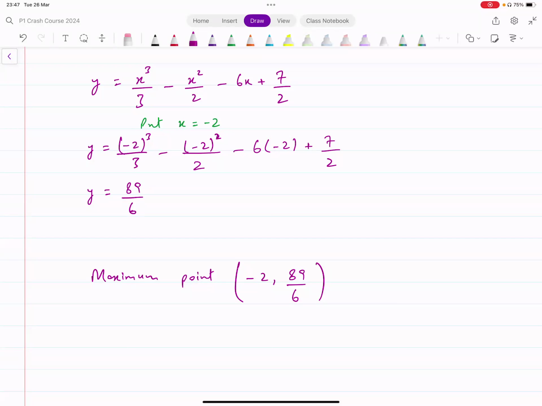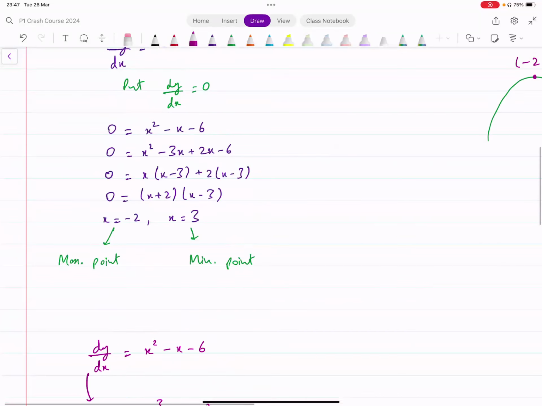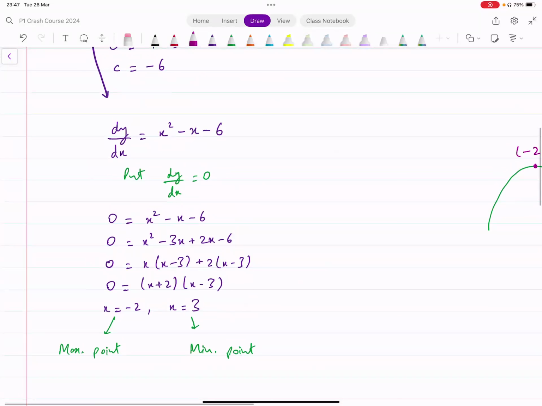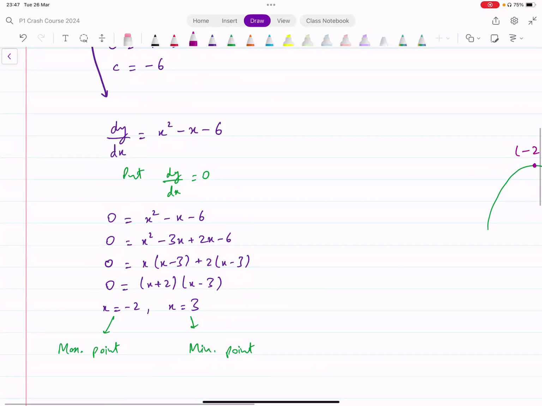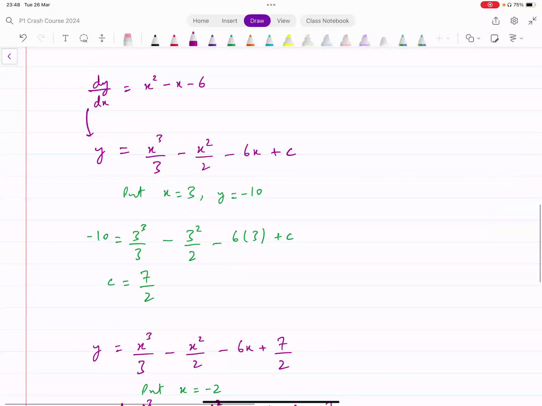Okay, so I'm just checking and it does not seem to be correct. So there's some error somewhere. Okay, it's correct until this point.